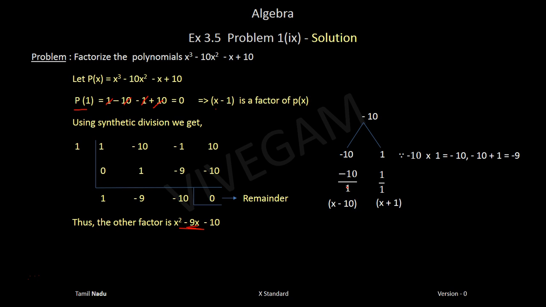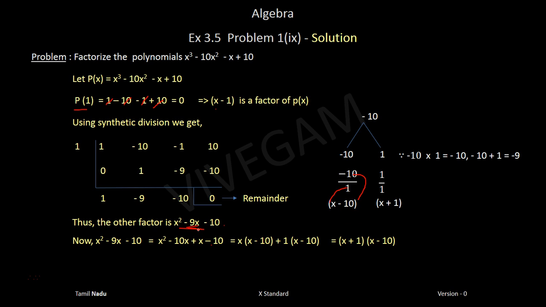And you know how to write the factor. This will become the coefficient of x and this will be the constant term. So it will be 1x or x minus 10. Similarly, it will be 1x or x plus 1. So the factors of this are x minus 10 into x plus 1.